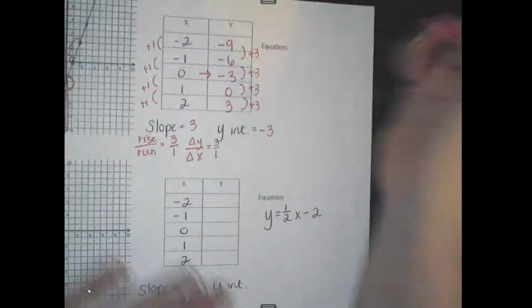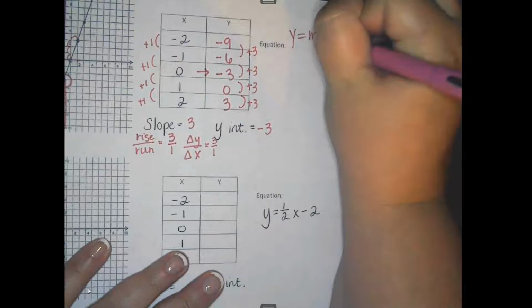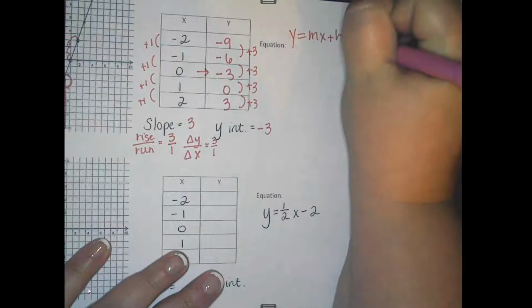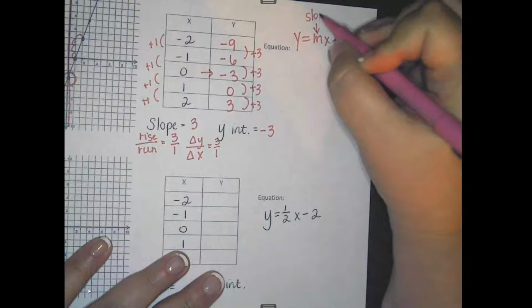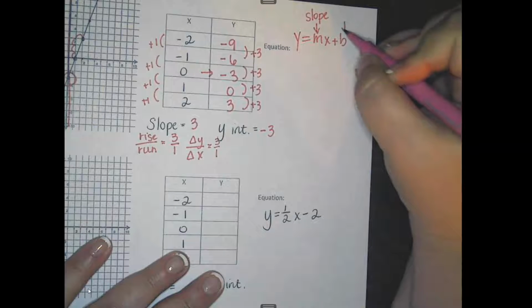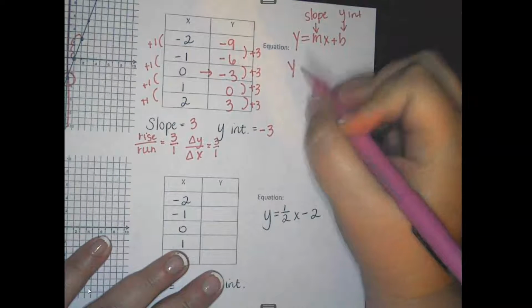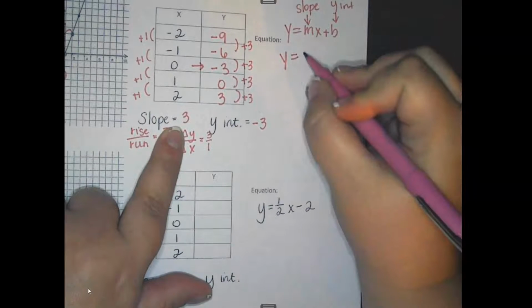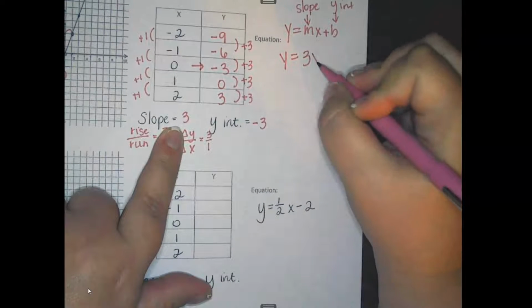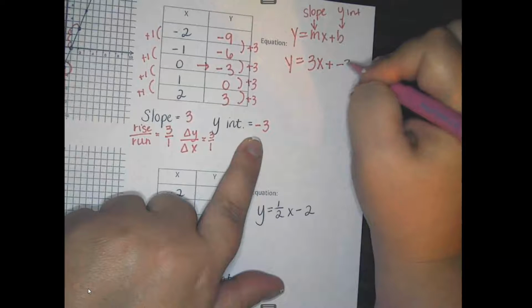So now I'm going to go to my equation. A linear equation is y equals mx plus b. And this m is my slope, and this b is my y-intercept. So I'm going to keep the y, I'm going to keep the equals. My slope was 3. I keep the x, keep the plus, and my y-intercept was -3.